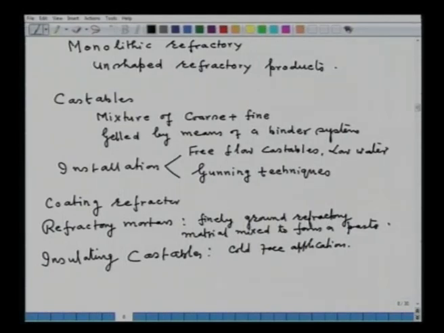They have low density and low thermal conductivity. Now, these monolithic linings are used for hearth making and crack sealing.